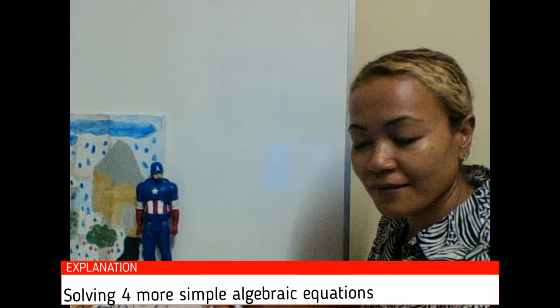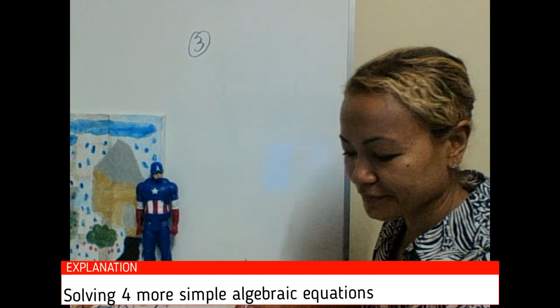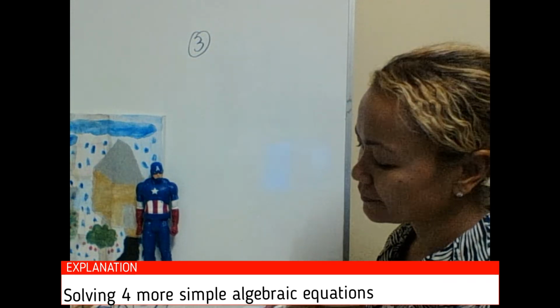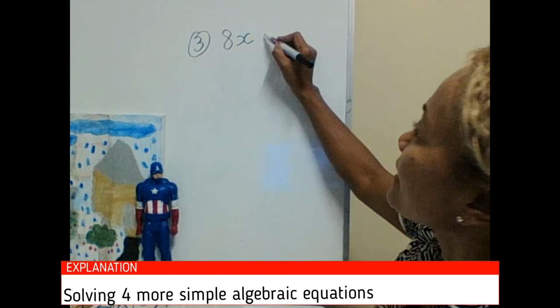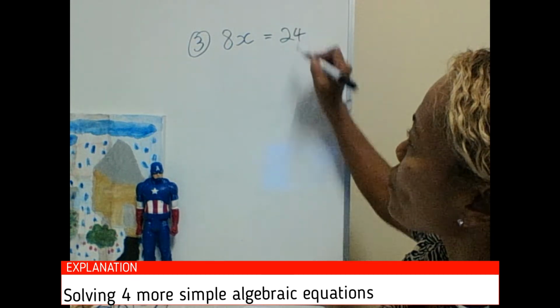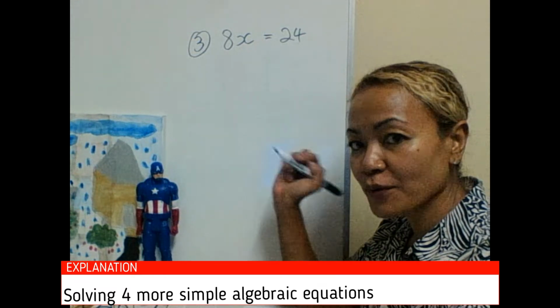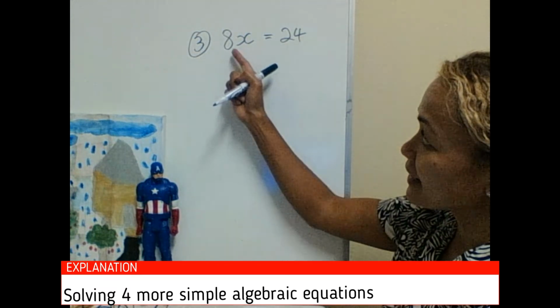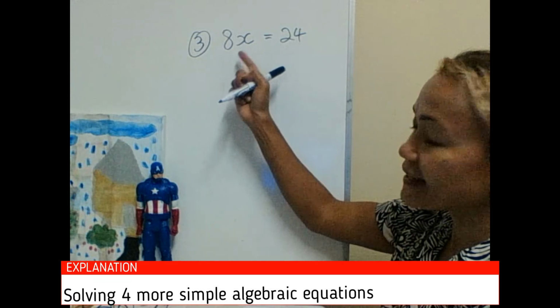The third example. 8x is equal to 24. I'd already told you when we were going through the quick examples before that 8x would mean 8 times x.